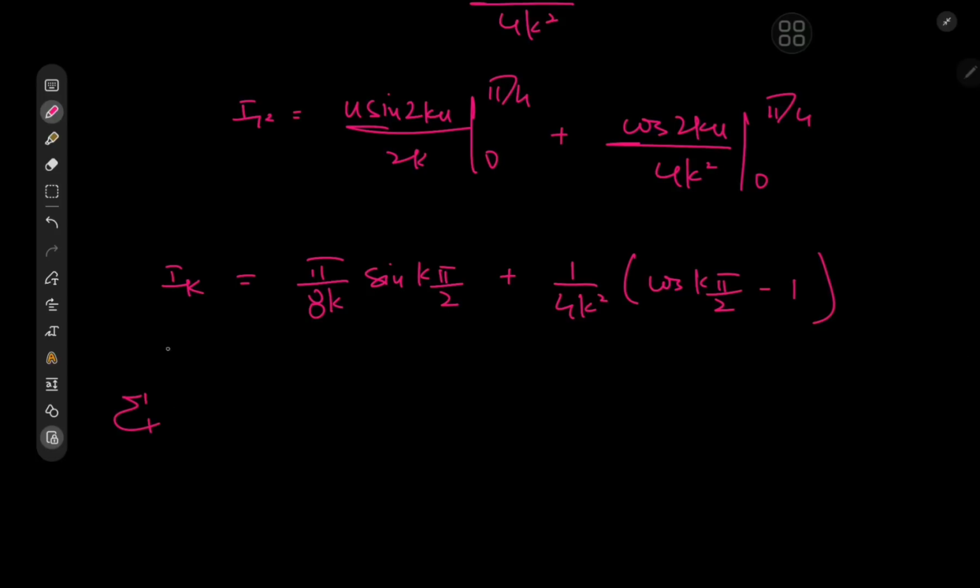And don't forget what we needed. We needed the sum over k of negative 1 to the k plus 1 divided by k times I sub k.